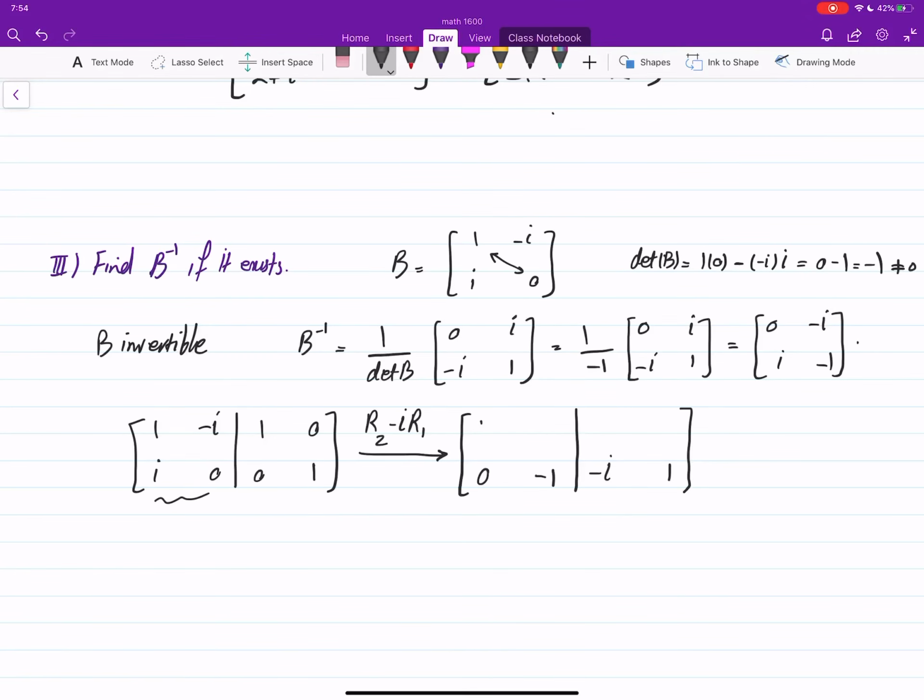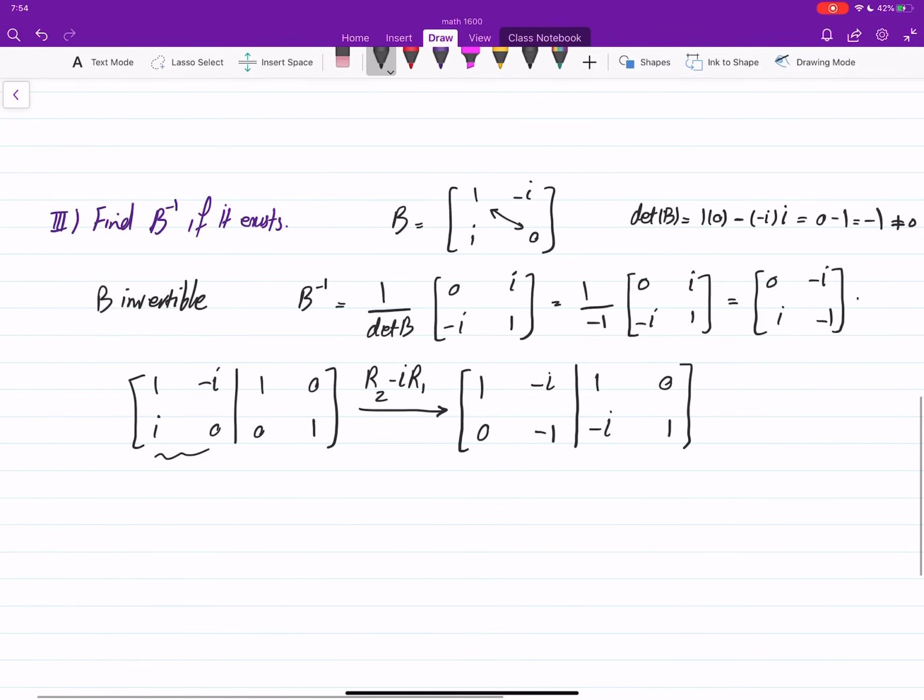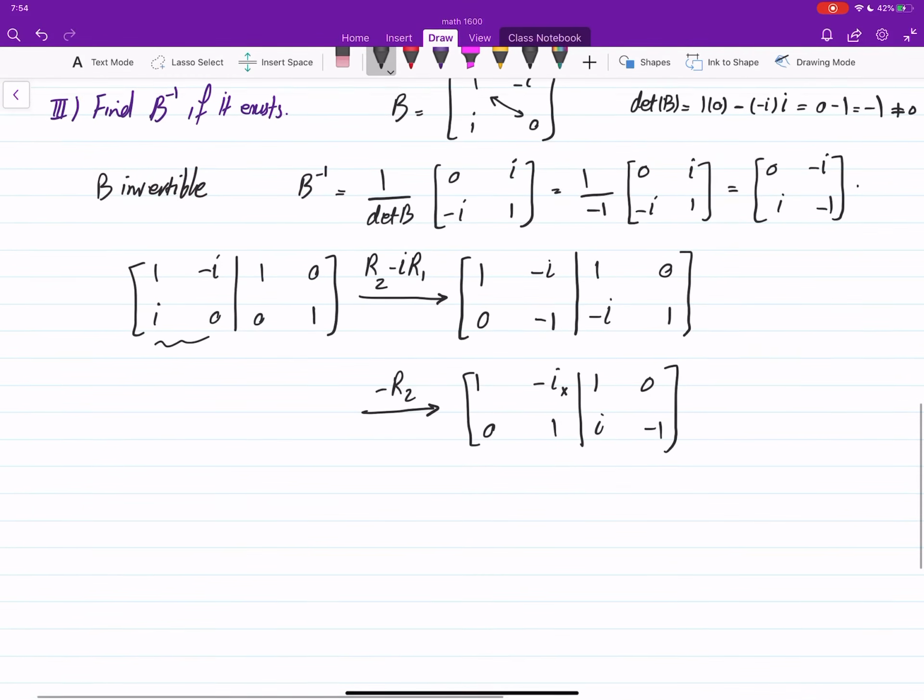Then we multiply row 2 completely by a negative sign. And now we want to get rid of that number.